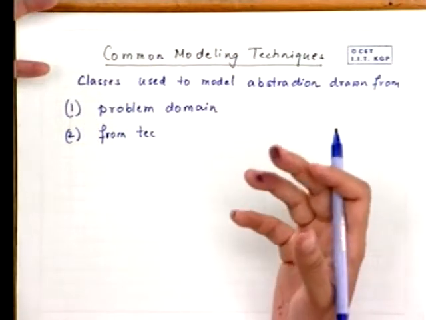For example, a Q class comes from the technology that we are using.